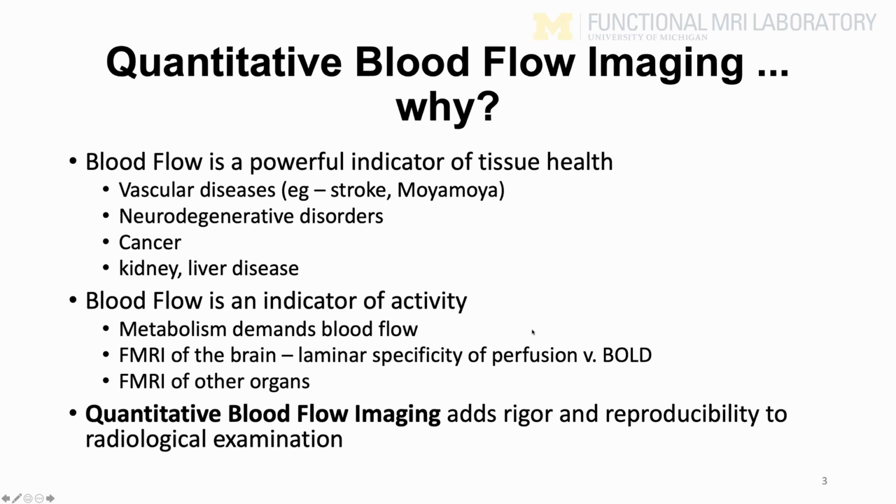Another part of it is sort of philosophical, and it's that doing quantitative blood flow imaging really adds a lot more rigor and reproducibility to a radiological examination. Just a qualitative blood flow map is already helpful to make diagnoses.